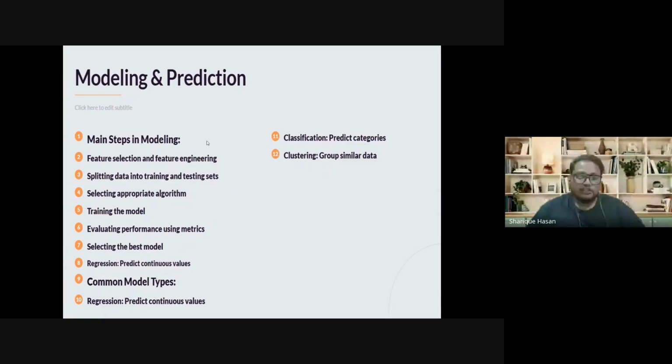What do you mean by that? It means you have to select the features. What do you want this model to do? You want to choose that feature into your model while you are building your model. Choosing the feature is very important.